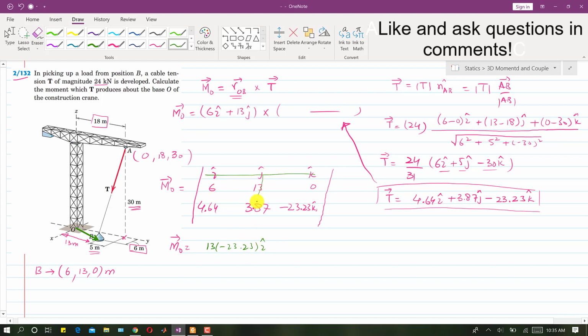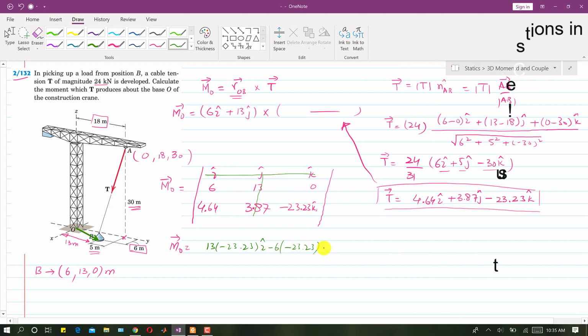Then with j we will write minus, and this will be 6 into minus 23.23 minus 0. Then I will hide this column, and we will write plus 6 into 3.87 minus 13 into 4.64, multiplied with k.